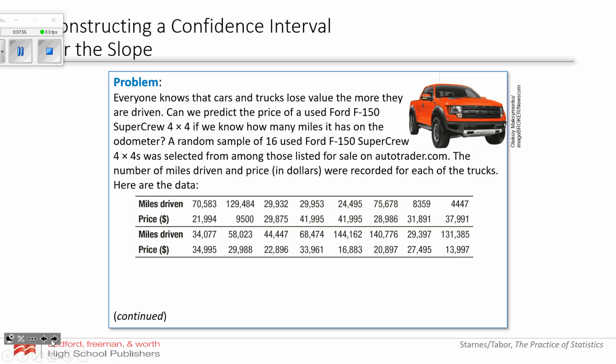So we actually looked at this data a whole bunch way back in chapter 3. So take a second and read this. Does this data kind of look familiar, this example problem?